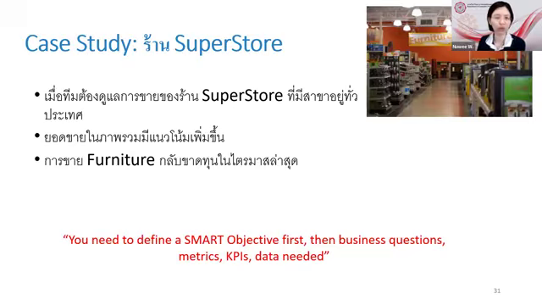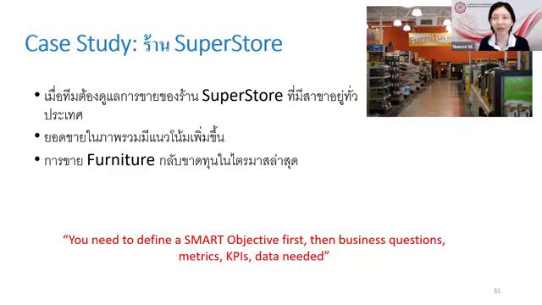What do we need to do? We need to use data to help us. We need to define a SMART objective, get business questions, and then from the business questions, map out metrics and KPIs, and then we know the data needed. Okay, so let's try to come up with this.